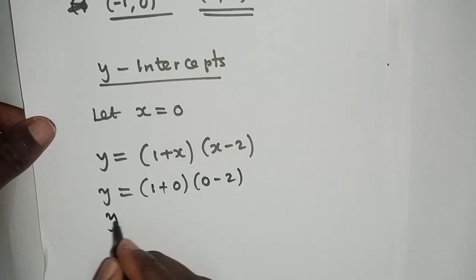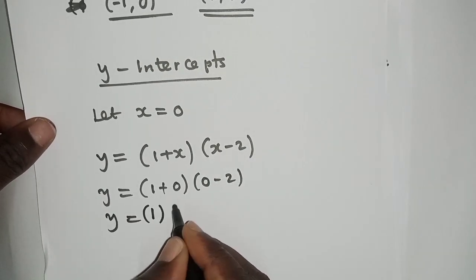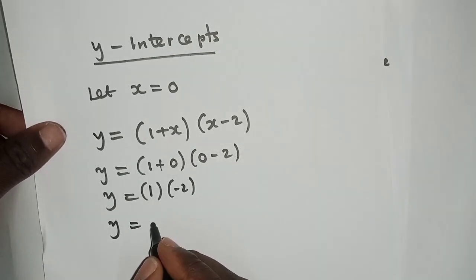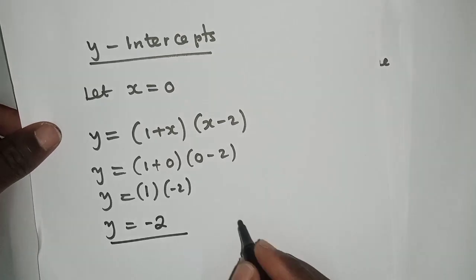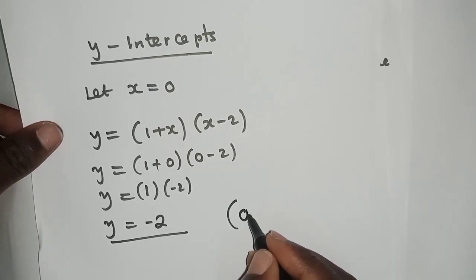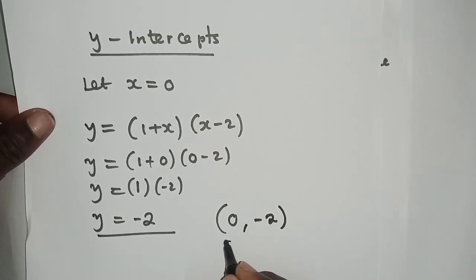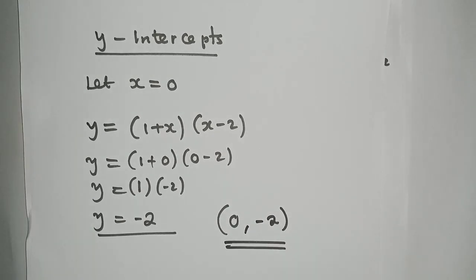So we can solve there. We have a 1, we have a -2. When we solve, we have -2. So the coordinates will be 0, comma -2 right here. So we have 3 things: the coordinates of one point of x, another point of x, and the point of y.